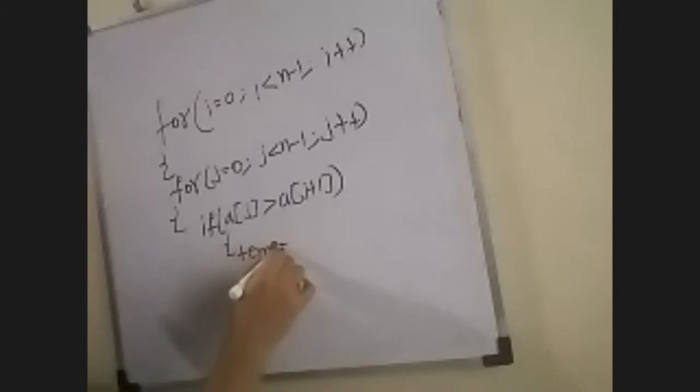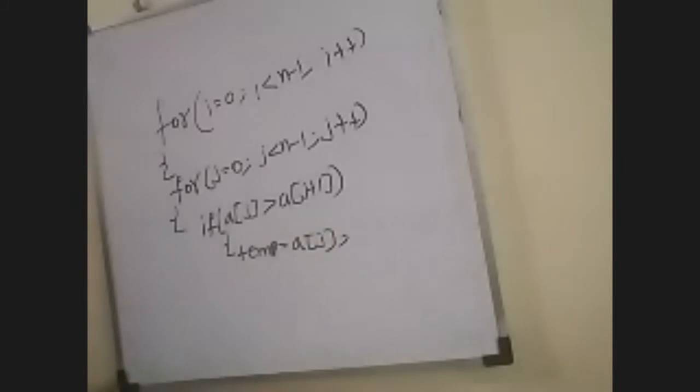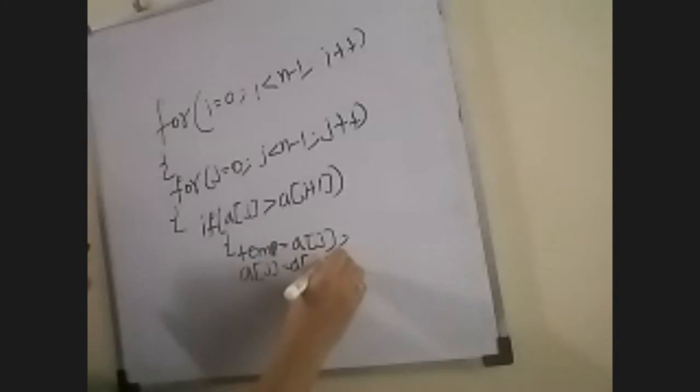I will take a temporary variable: temp is equal to a of j. Next, a of j is equal to a of j plus 1. Again, the a of j plus 1 value is stored into temp. So this is the logic for bubble sort.